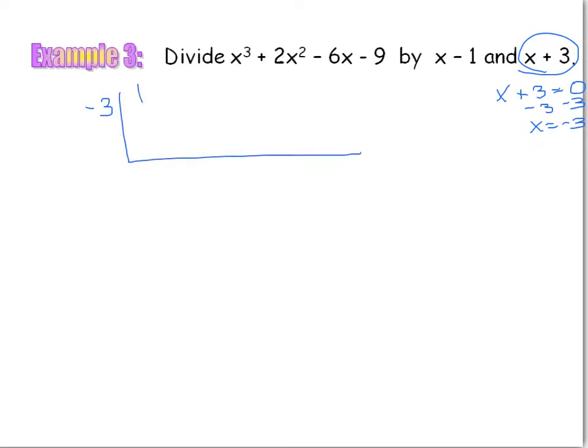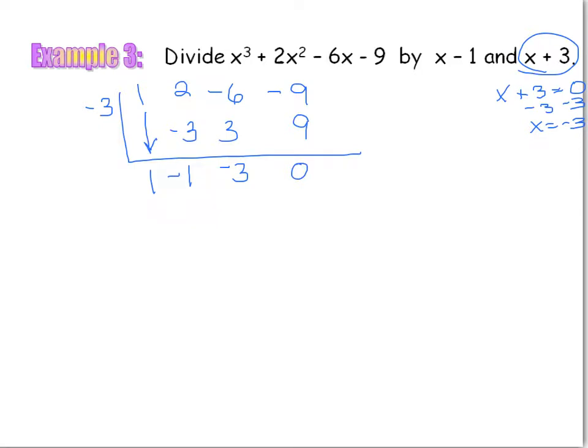Copy down the leading coefficients, drop the first term down, multiply, put that number inside the bracket, add down, multiply. So negative 3 times negative 1 is positive 3. Multiply. This time we get 0.